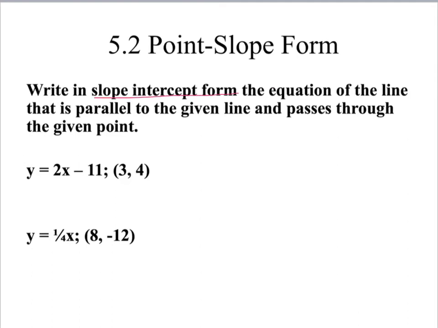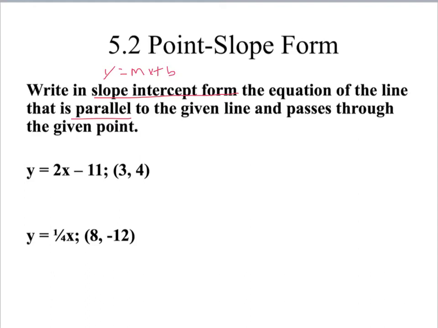Again, we want it in y equals mx plus b. Okay, and we also are given the information of parallel. Well, when we talked about parallel lines in chapter 4, what do we know about parallel lines? Two lines have the same what? Slope. They have the exact same slope.